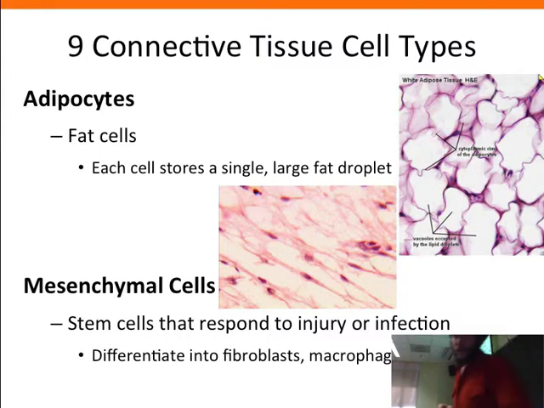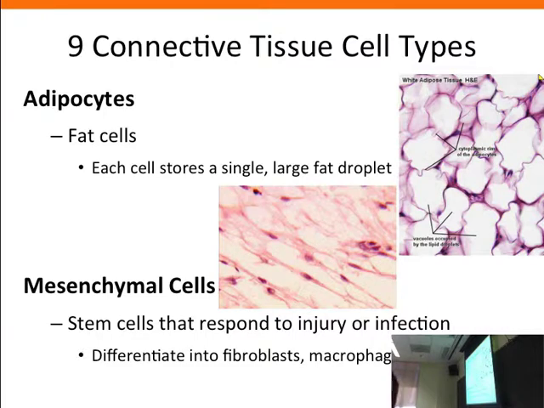Mesenchymal cells. So these are cells that get stimulated when there is some sort of injury or infection, something's wrong in a tissue. These are not terminally differentiated cells.